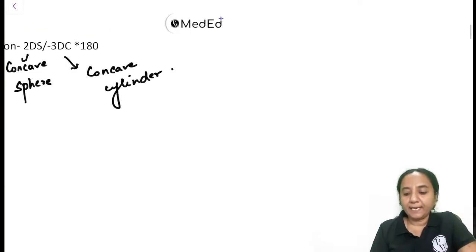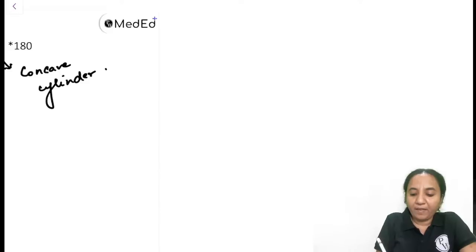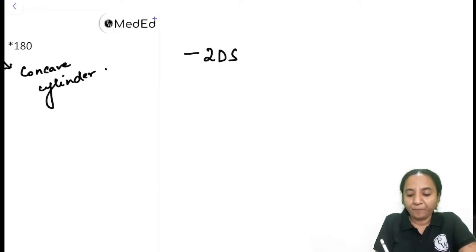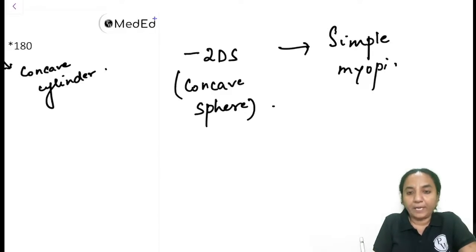Correct. So if you have only a concave sphere, this is simple myopia.